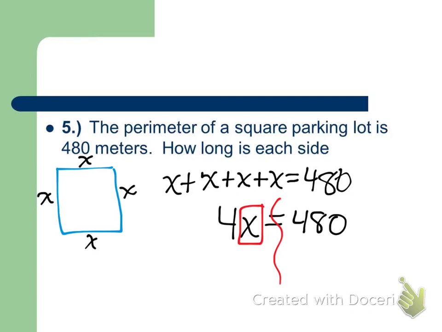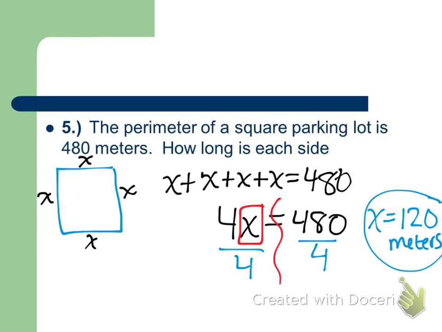Well, yes, we are going to divide both sides by 4. So we end up with x equals 120. We should put our units on there of meters. So each side is 120 meters.